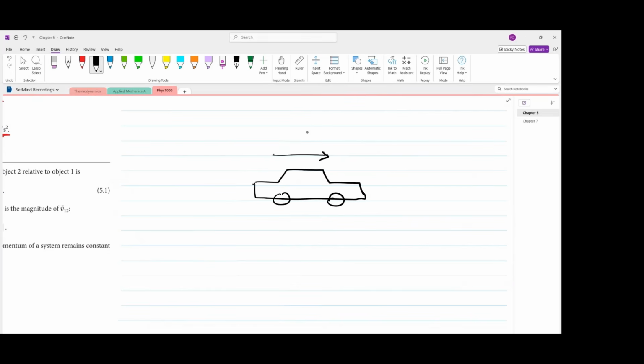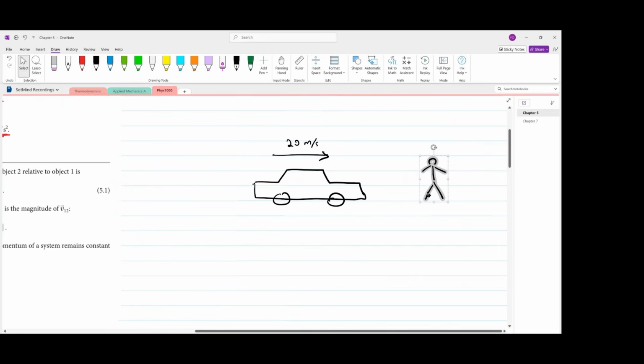Let's say it is moving at 20 meters per second, for argument's sake. And then I have a person standing here, just standing. He's not in front of the car, don't worry. He's on the side of the road, so he's not about to get hit by the car. And he has 0 meters per second, okay?